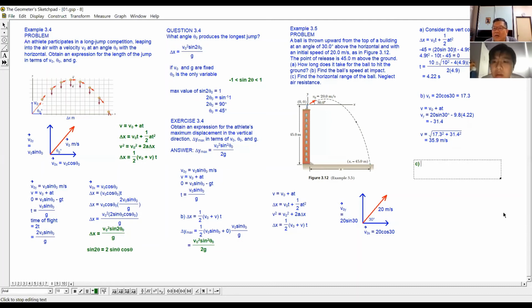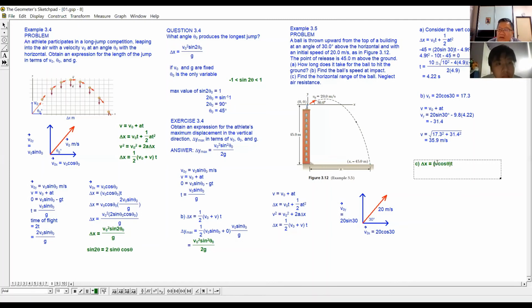So the formula that we are going to use is delta x, the horizontal displacement, equals the horizontal component of the velocity, v cos theta, where theta is here, multiplied with the time.